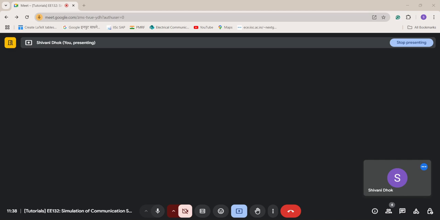Then we have E, again let us keep it as 1, which is the energy of each constellation point. Then M equal to, let us take 4 for now. This is your number of points in the constellation.